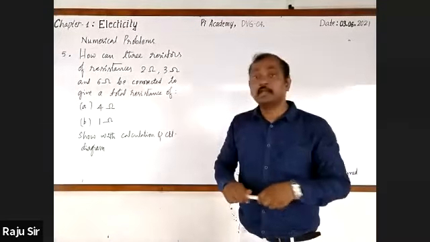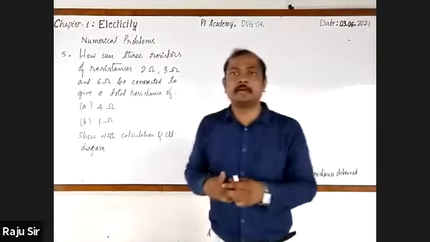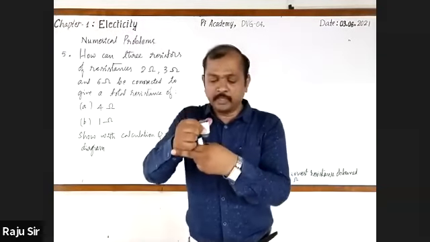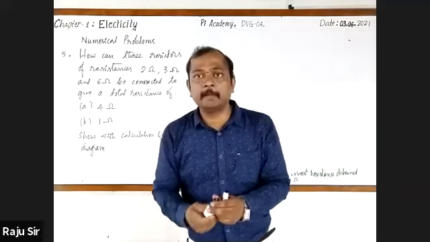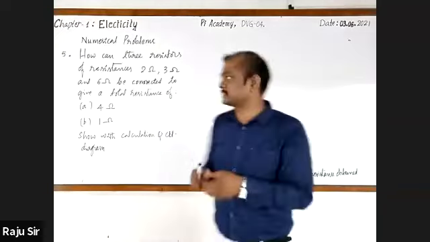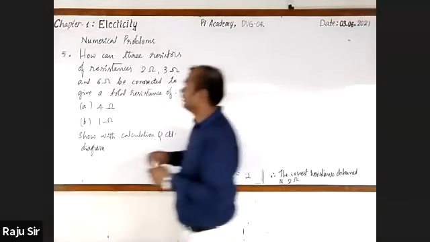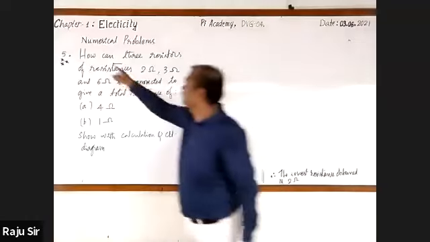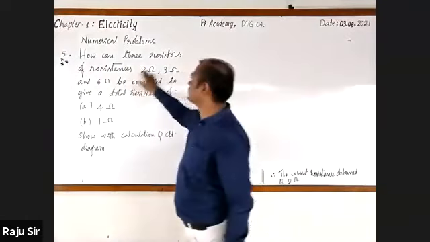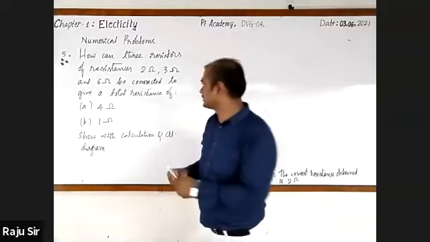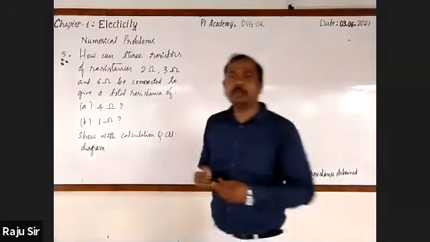This question is very nice. It was also asked in the examination. Please put a 3-star mark for this. It is very important because we are going to connect given resistances to obtain the desired electric resistance. Once you go through the statement, it is how can three resistors of 2 ohm, 3 ohm and 6 ohm be connected to get 4 ohm electric resistance and to get 1 ohm electric resistance.